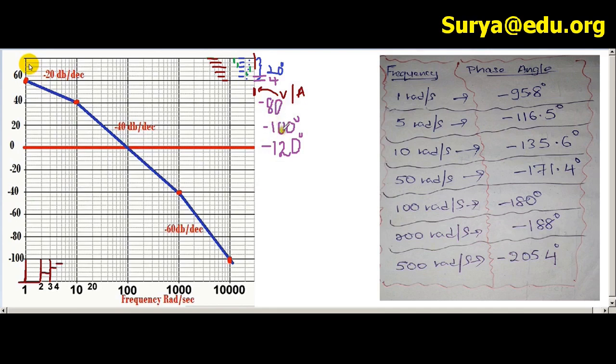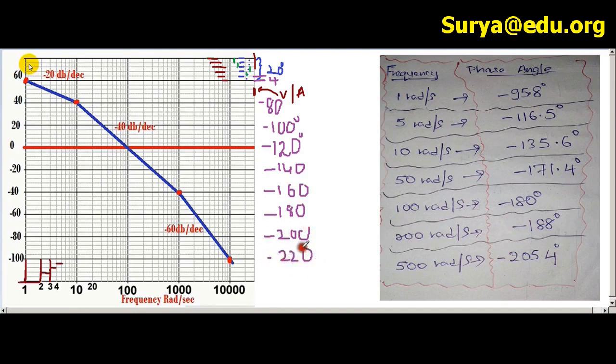So 80, 100 and 120, then this is minus 140. Okay, and this is minus 160, and this is minus 180, right? And this is minus 200, and this is minus 220.